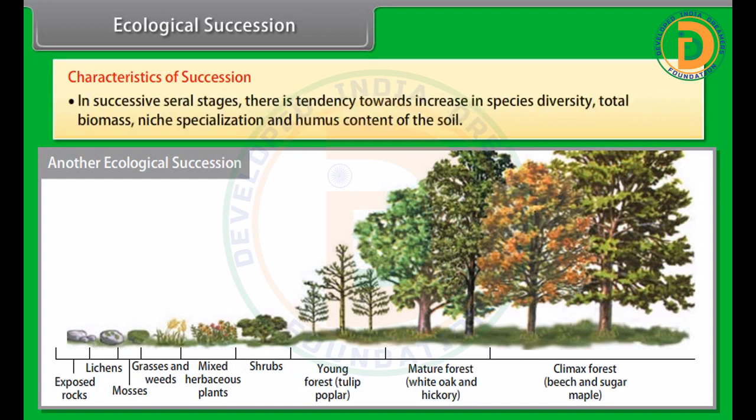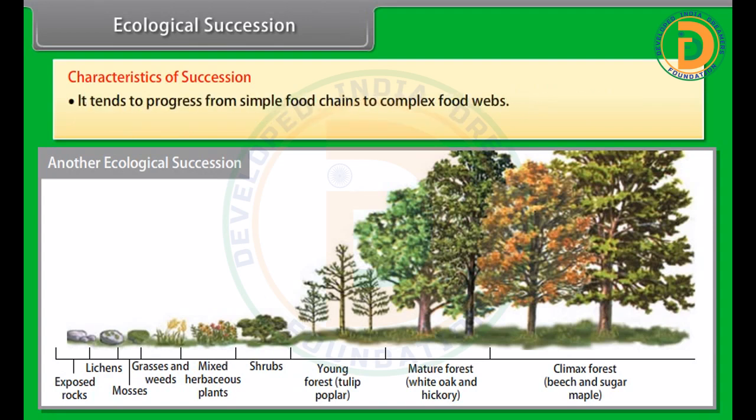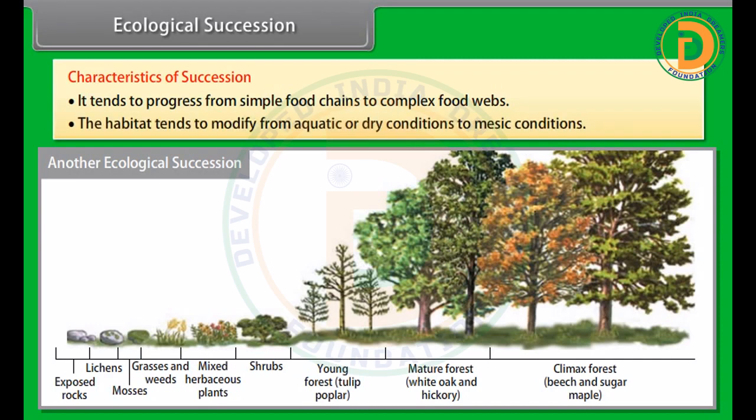In successive stages, there is a tendency towards increase in species diversity, total biomass, niche specialization and humus content of the soil. It tends to progress from simple food chains to complex food webs. The habitat tends to modify from aquatic or dry conditions to mesic conditions.